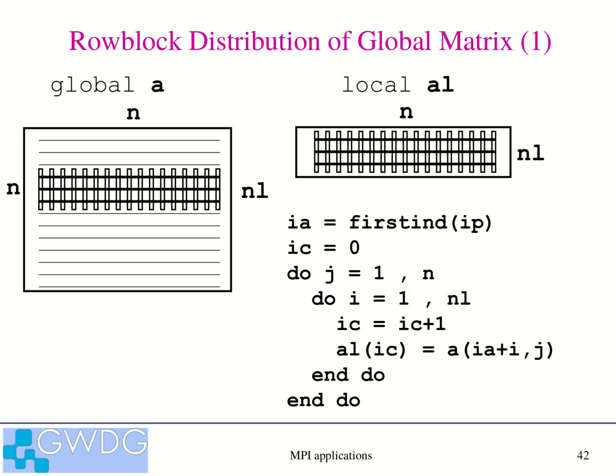Let me show it here again. You have a global matrix A of size n by n, and you want to copy the rows, a number of rows nl, into a local matrix of size nl times n.